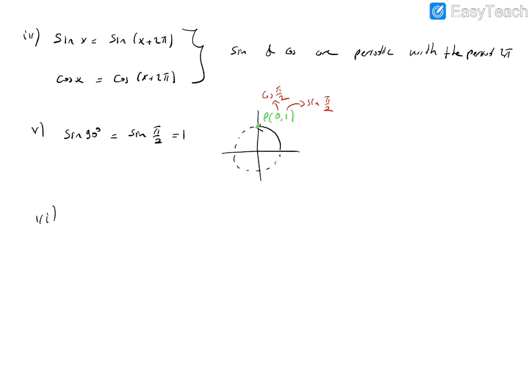Because P is on the unit circle, the hypotenuse of the triangle in this figure, let's show that. This is the unit circle, P somewhere here. So we have this triangle. This is A, this is B, and that is 1.